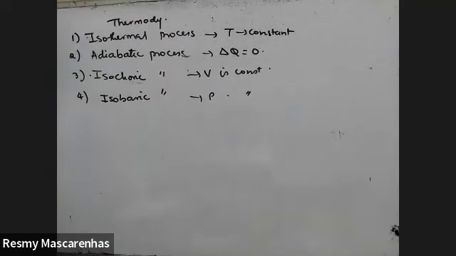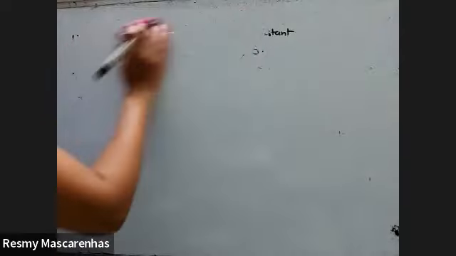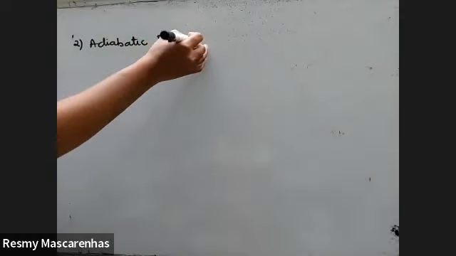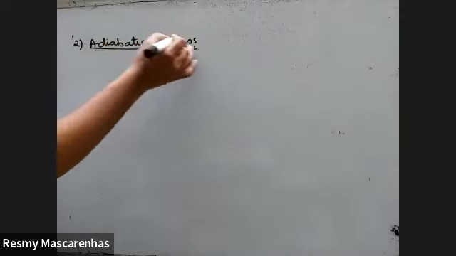In the previous class we had seen the isothermal process and we had derived the work done for the isothermal process. Now we'll see the adiabatic process. In the adiabatic process, we make sure that no heat is lost to the environment or comes in from the environment into the cylinder or whatever object you are taking.